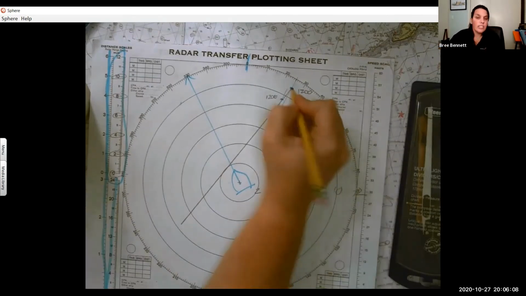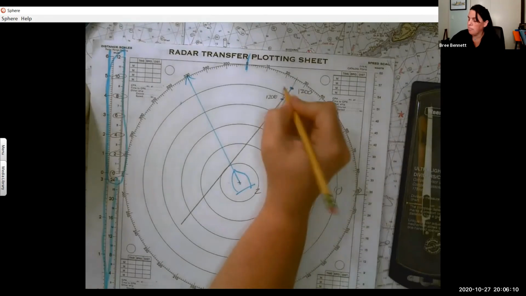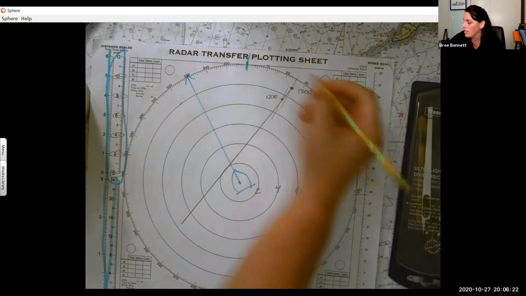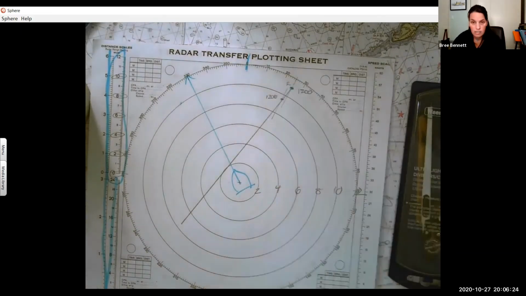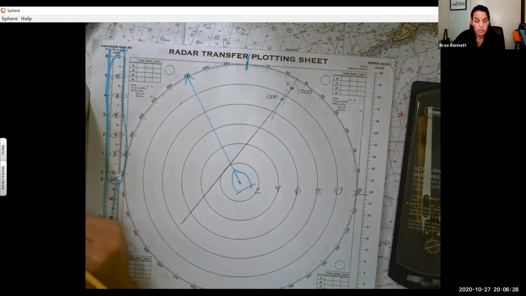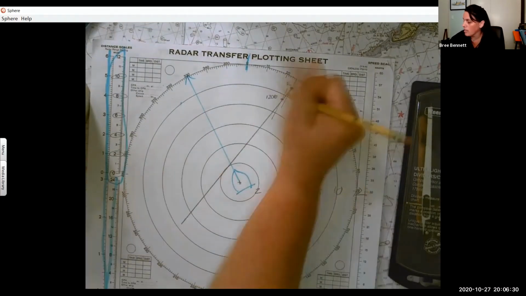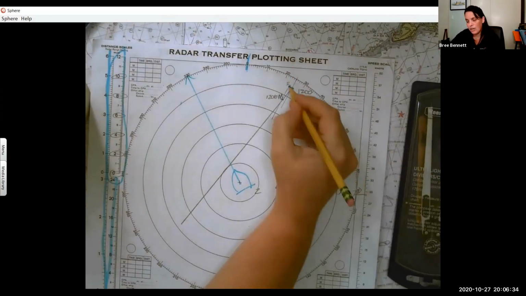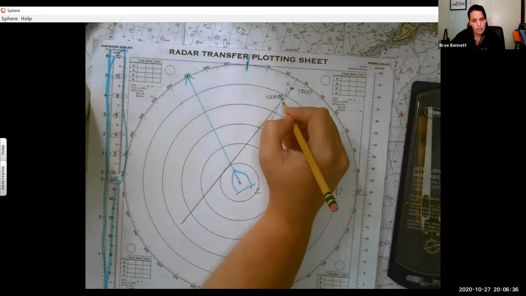So the first little blip, we're going to label these with letters. And this will help us determine what kind of lines we are going to be looking at. So our first little blip, we're going to label R. 6 minutes later, wherever that vessel or that target is again, we're going to label it M. Now, R to M, what do you think that stands for?